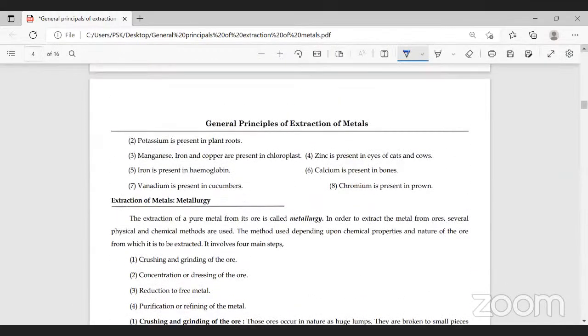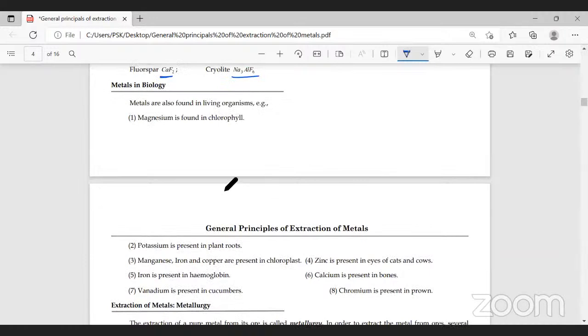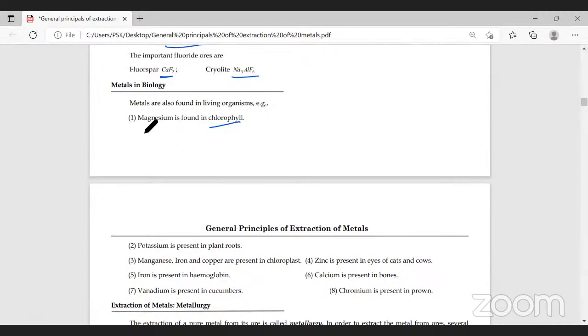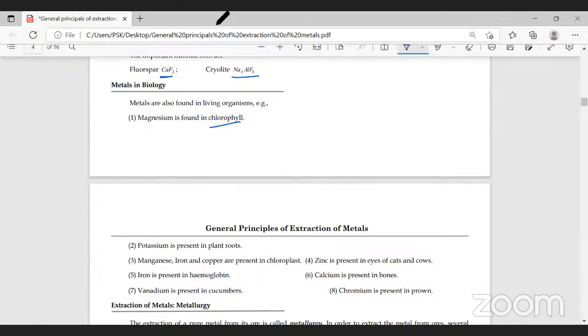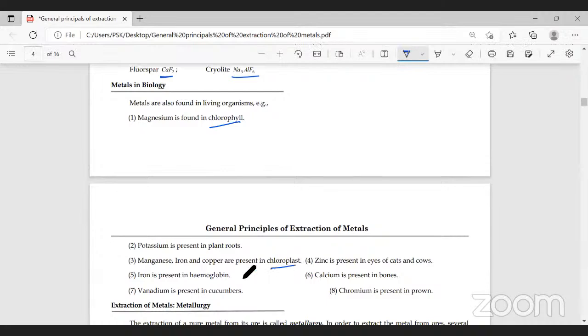Next, metals in biology. Magnesium is found in chlorophyll. The green color of the leaf is because of chlorophyll, which contains magnesium. Potassium is present in plant roots. Magnesium, iron, and copper are present in chloroplast.